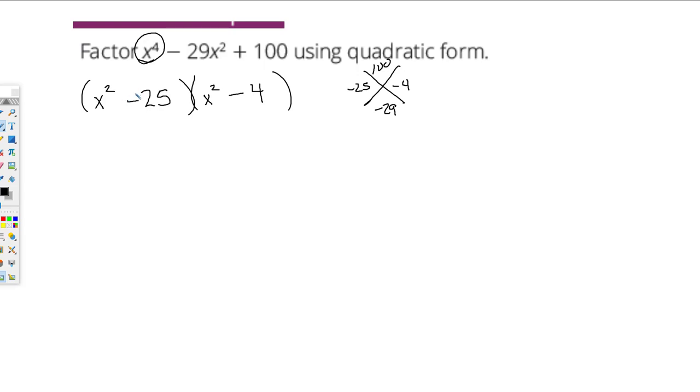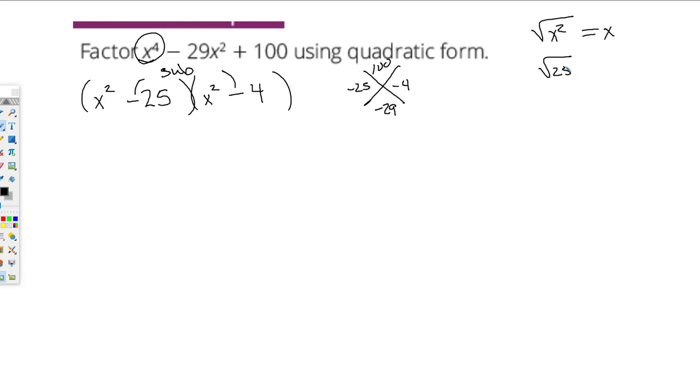I'm not done yet because both of these have a negative sign there. And I can take the square root of 25. So I'm looking for the difference of squares. Can I take the square root of x squared? Yes.